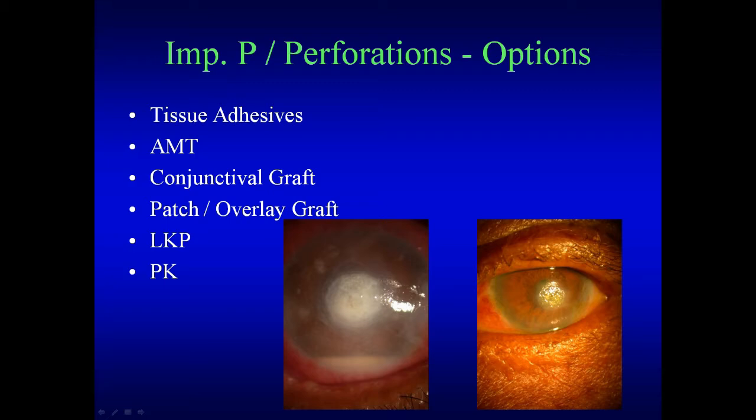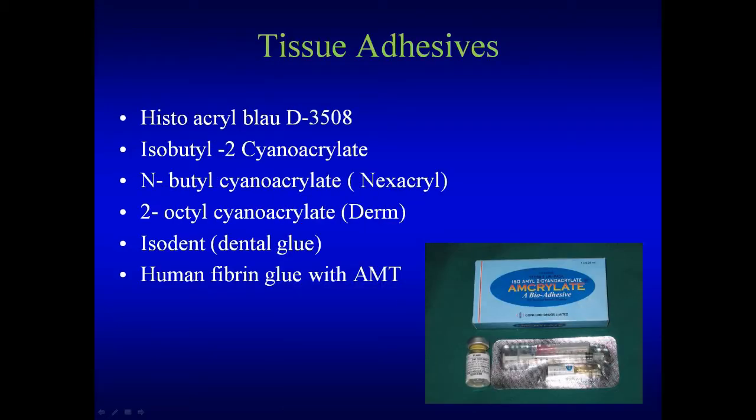Other procedures like the amniotic membrane transplant and conjunctival graft are also useful before we actually consider penetrating or lamellar procedures for infectious disorders. Now, the tissue adhesives that are available in the market are not exactly FDA approved for corneal use.